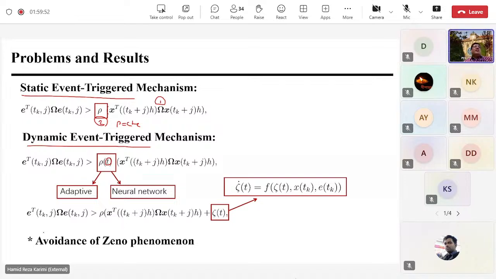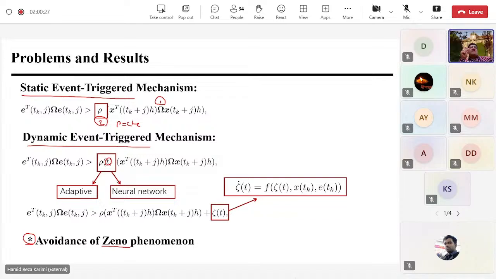But you need to remember one very important thing: the avoidance of the Zeno phenomenon. This phenomenon should be avoided because at Zeno behavior there is no data to be sent, or two data are sent overlapping in such a way that the system cannot react to the control signal at each sampling time.